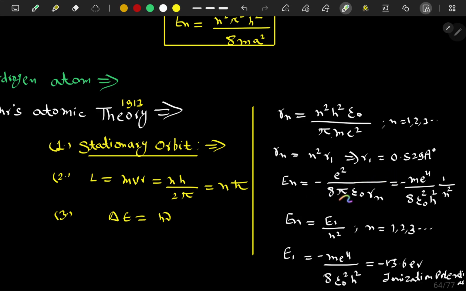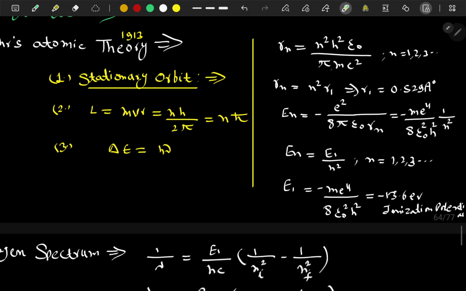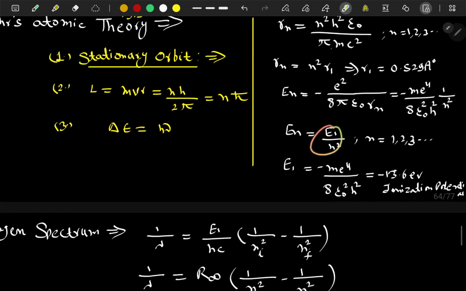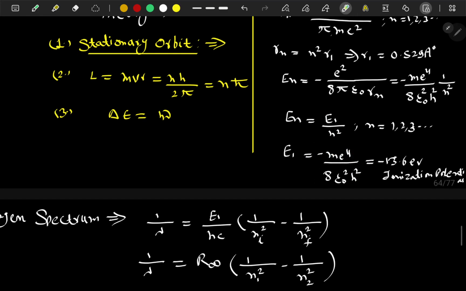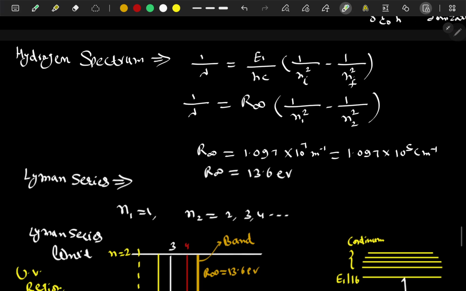And E_n equals minus m e to the power 4 upon 8 epsilon naught square h square n square, so E_n equals E1 by n square, where E1 is the ionization potential for the hydrogen ground state atom, minus 13.6 electron volt.